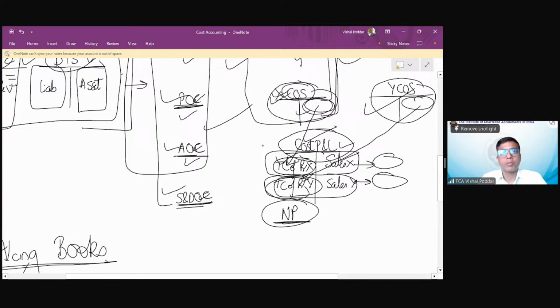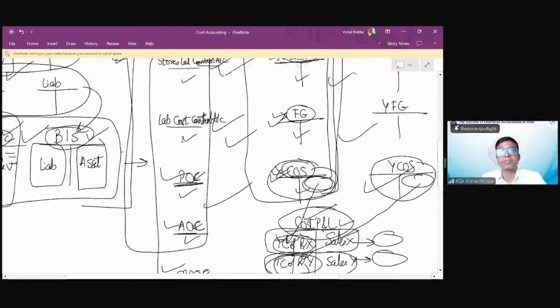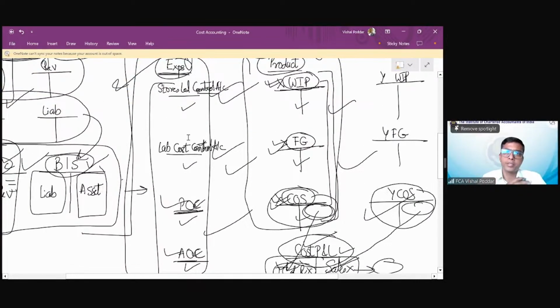So for each expense, you have a separate register giving the details of that expense, and in the cost ledger, you have one single account representing that entire expense. That is why these are called control.